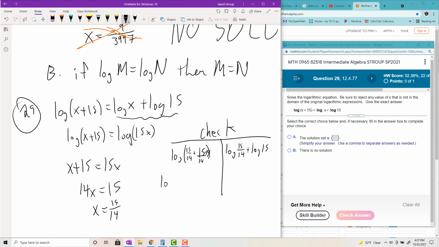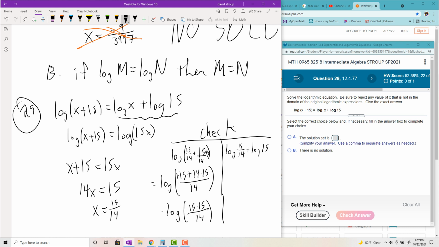Then you get log of 1 times 15 plus 14 times 15, which is 15 times 15. So you get log of 15 times 15 all over 14.